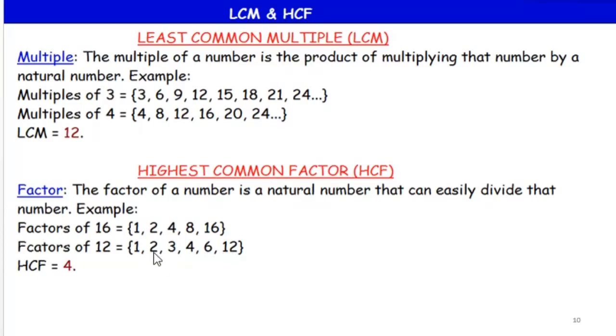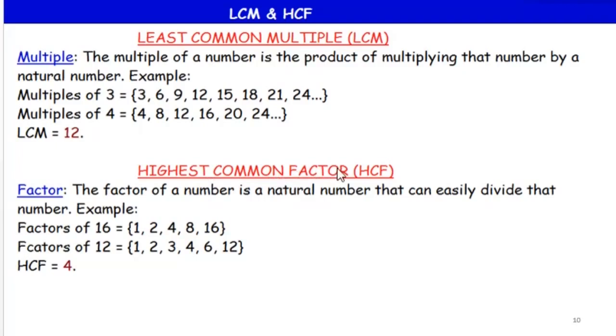Right? So clearly 1 is always the smallest factor, and 12 is the greatest factor of 12. Alright, so we have 2 sets of factors of 2 numbers.